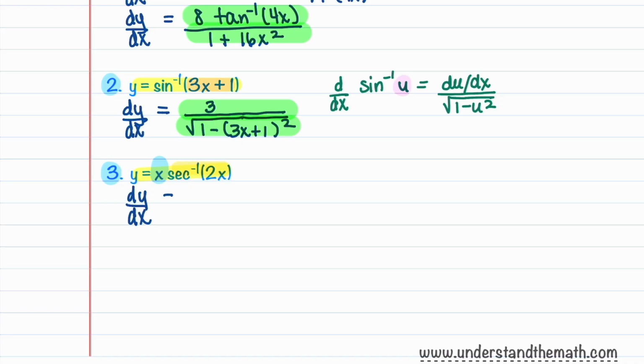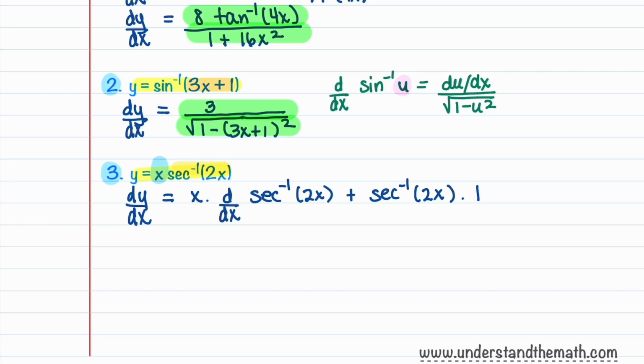So we are going to use the product rule. So this is the first times the derivative of the second. So I'm just going to write this as x times the derivative of inverse secant of 2x plus the second, which is inverse secant of 2x, times the derivative of the first. The derivative of x is just 1.